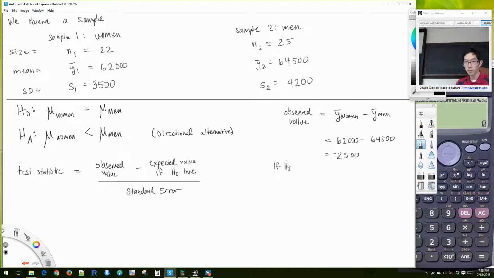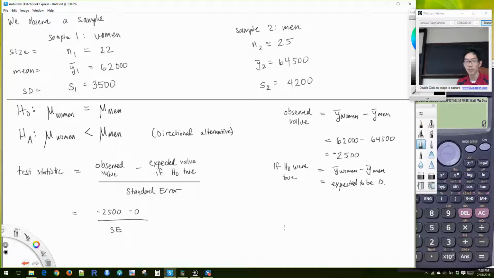If the null hypothesis were true, what would we expect the difference between y bar for the women and y bar for the men to be? 0. We would expect that difference to be 0, right? So y bar women minus y bar men is expected to be 0. So our test statistic will be negative 2,500 minus 0, so effectively just negative 2,500 on the top, divided by our standard error.